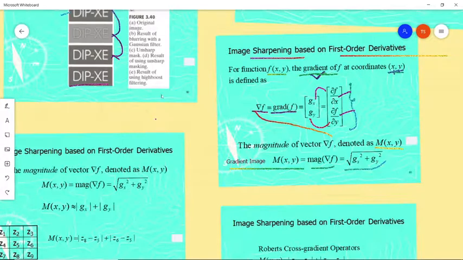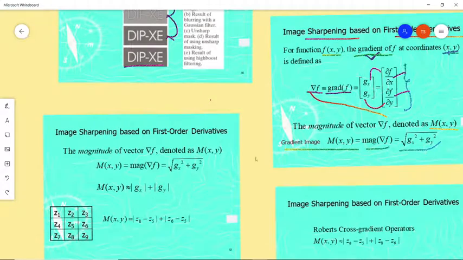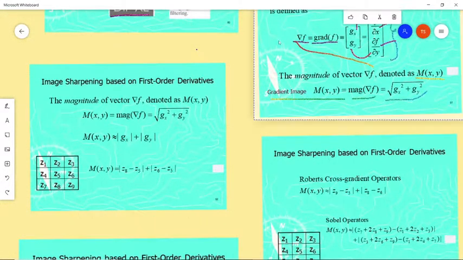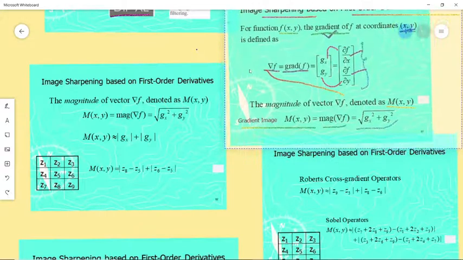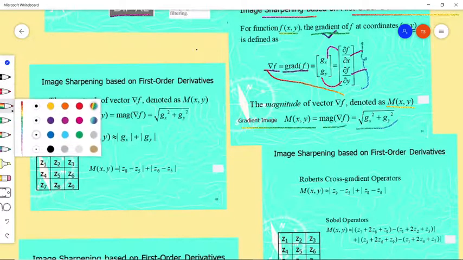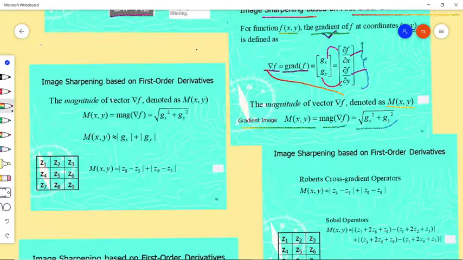Now, based on these formulas, see how to calculate the magnitude for image sharpening based on first order derivative. First we have to derive the formula.